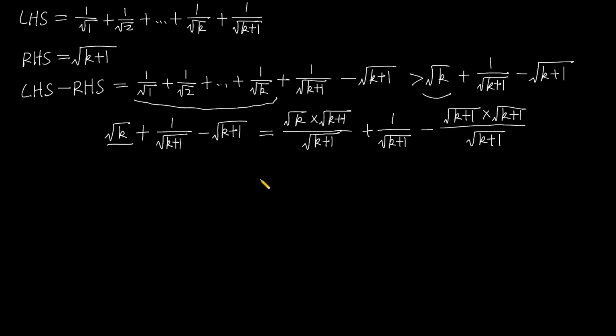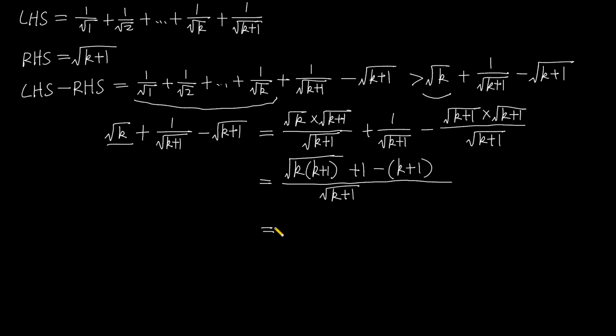Now this equals bottom square root of k plus 1 and the top square root of k multiply k plus 1. Then plus 1. Then minus k plus 1.